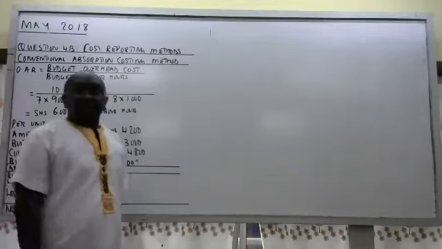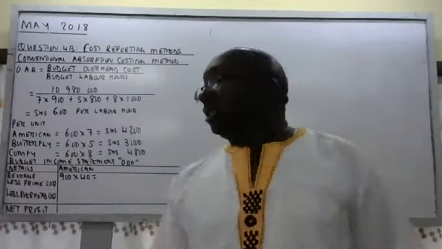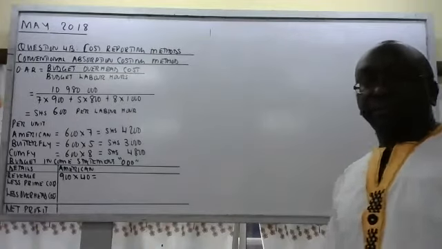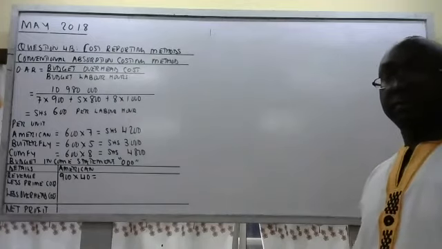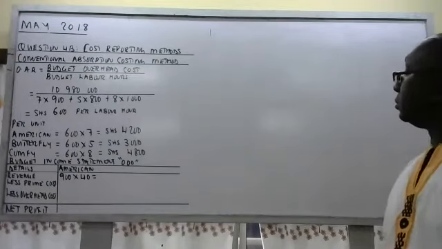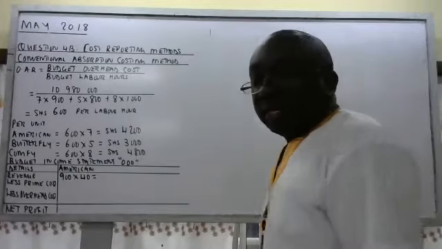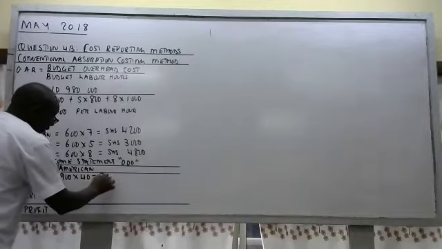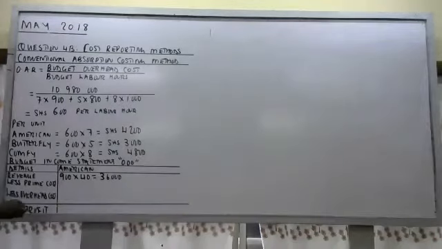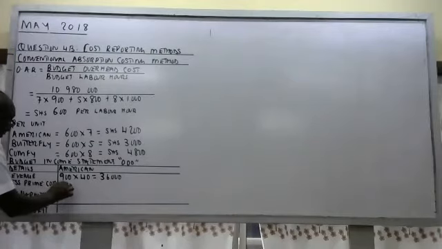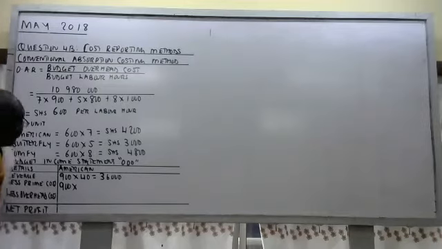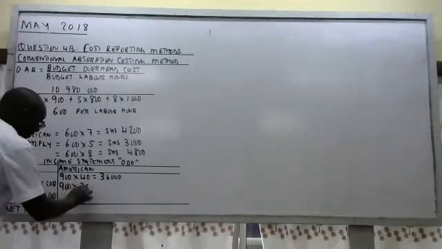So 40 times 900 is how much? That is 36,000. Then for the prime cost, it will also be 900 times the prime cost, which is 5 plus 35.